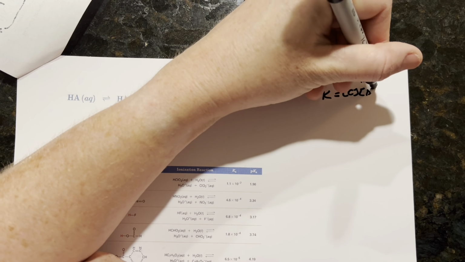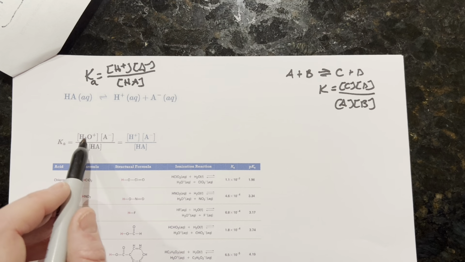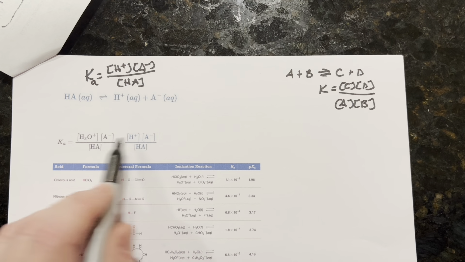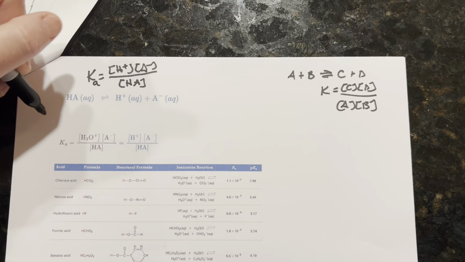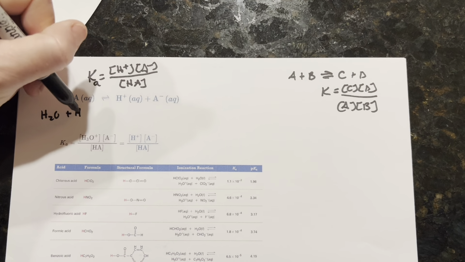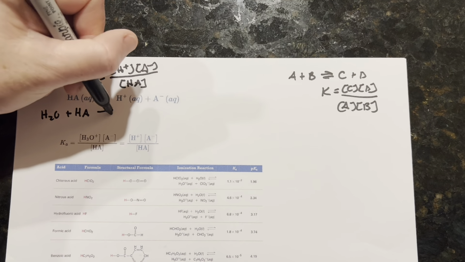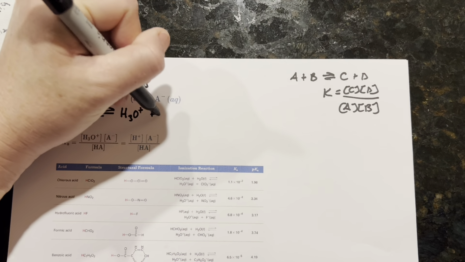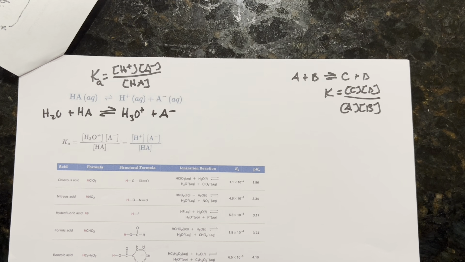You'll notice that these two things are equivalent to each other, and I kind of want to talk about why that is. If I add water over here to HA, that's going to break apart into H3O plus. Remember, this one gives off an H plus, and we'll have A minus left over.